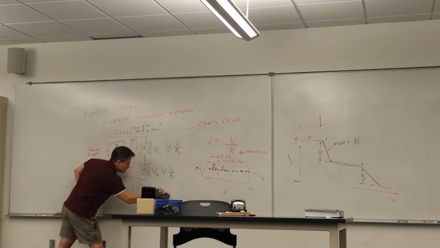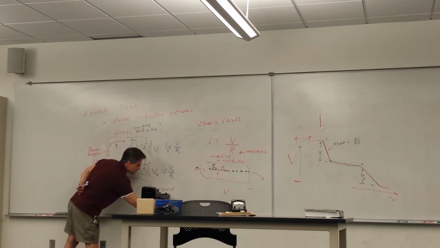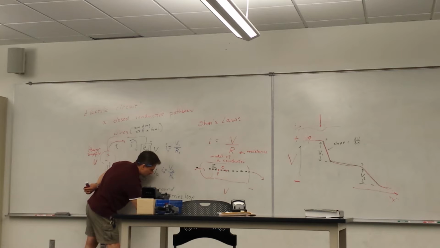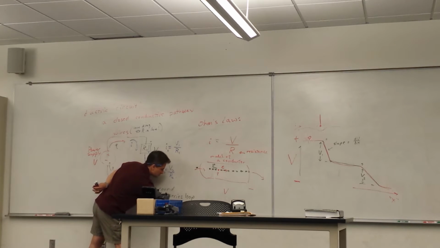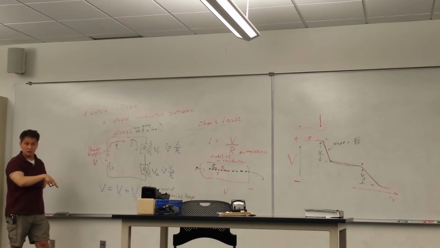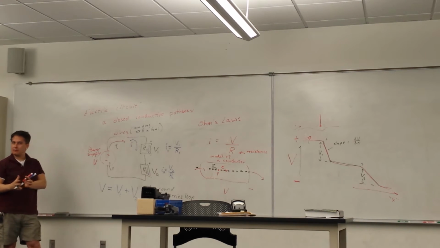So around this loop, and it's a series loop, I is constant everywhere. Now, it won't necessarily be constant if we start branching things off, for sure. So we're not going to get too far into that. I just wanted to set the table and the context for what we're going to do today.